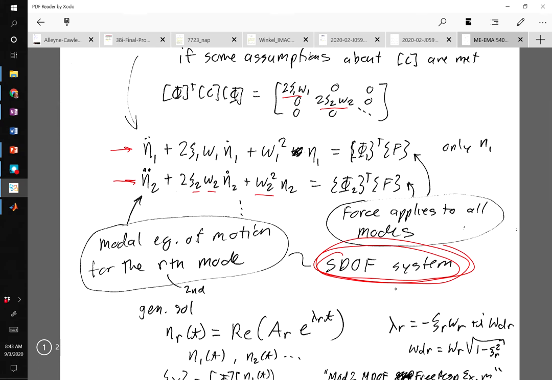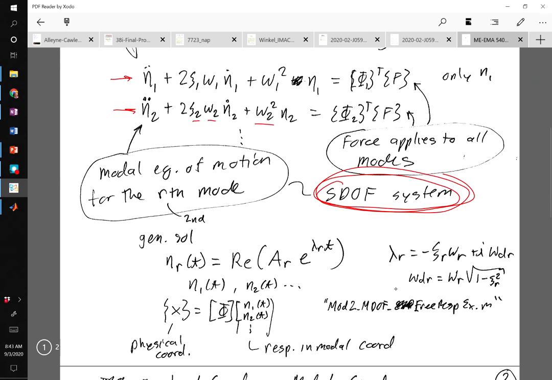And we can go ahead and use any of the things that we learned in the previous lecture to solve it. So for example, in the general damped case for an arbitrary mode, the solution is just some constant times e to the lambda t, where lambda, remember the definition from last time, has the damping ratio and the frequency of that mode, and then the damped natural frequency in the imaginary part.